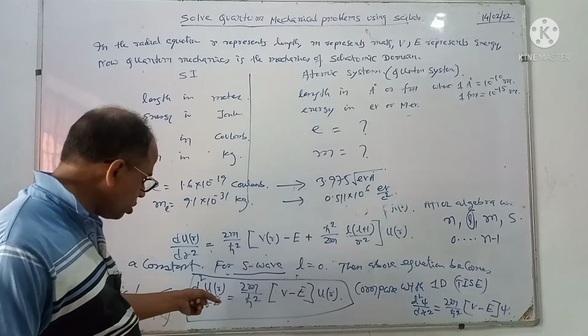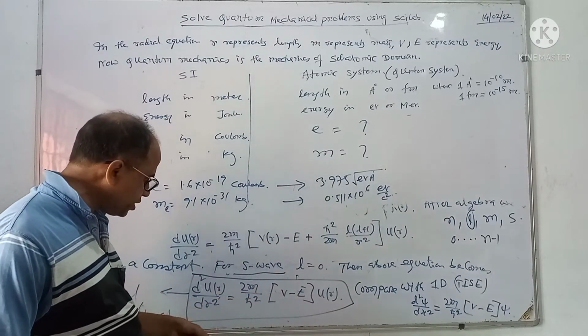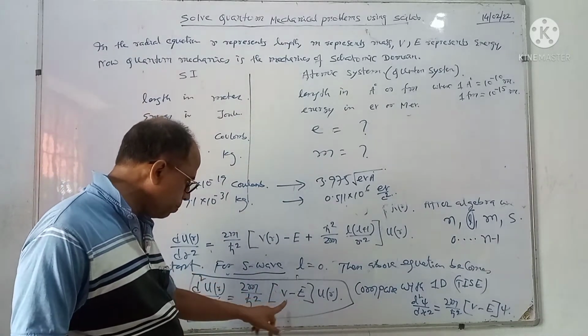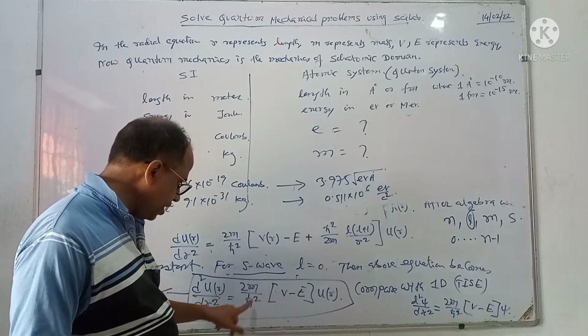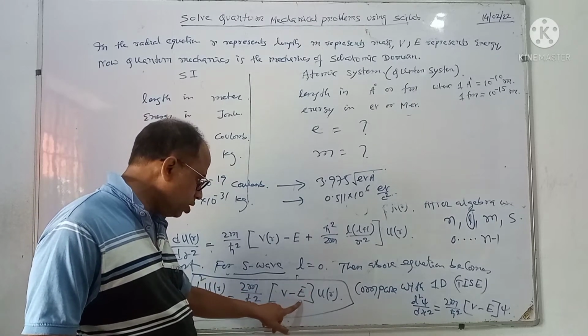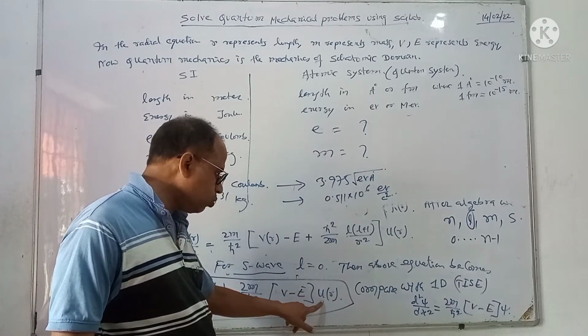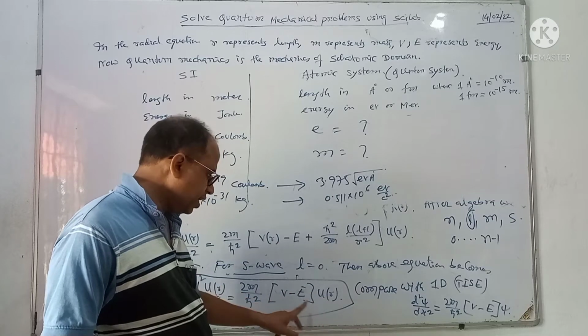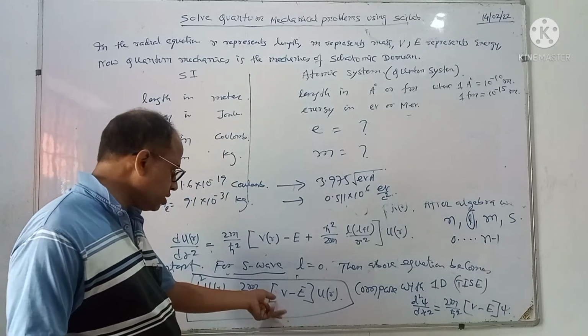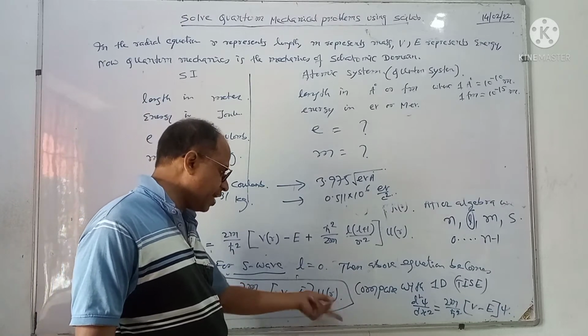Whenever they ask you to solve this equation, V will be given, m, h cut, everything given. You have to calculate this value. E is the eigenvalue, and you have to calculate u. u is called the eigenfunction. Therefore, solving this equation means finding the eigenvalue and the corresponding eigenfunction.